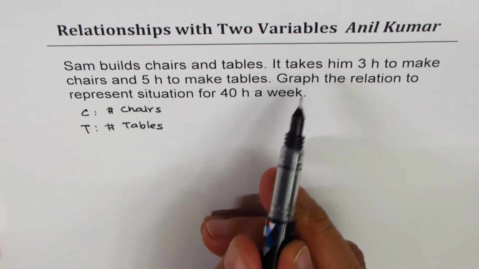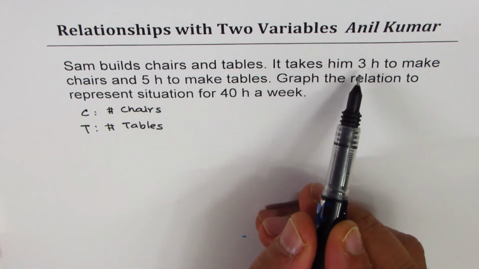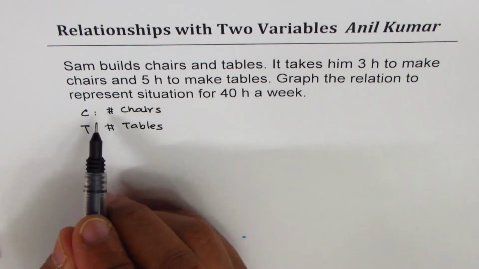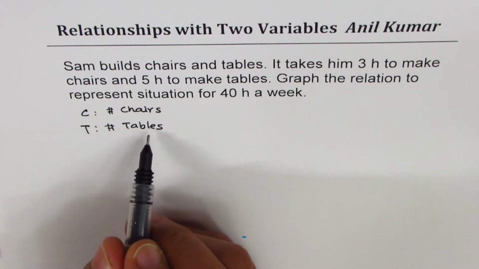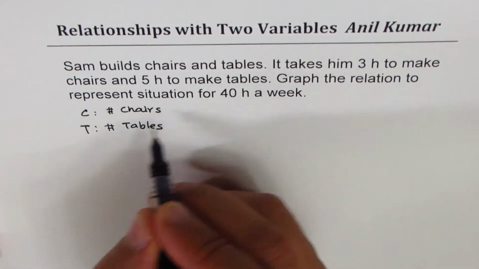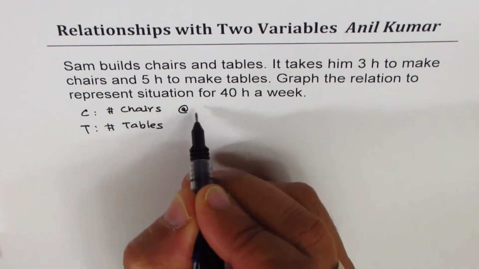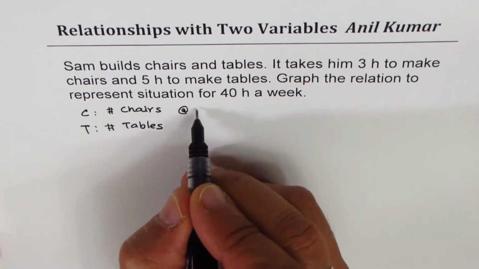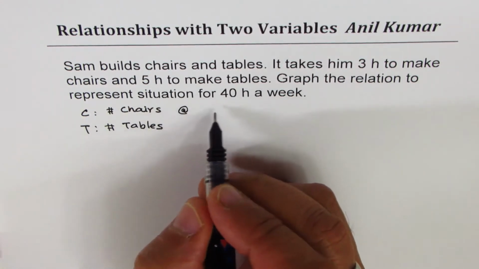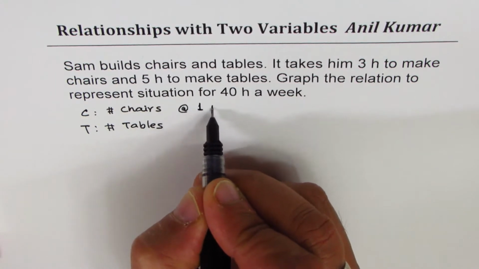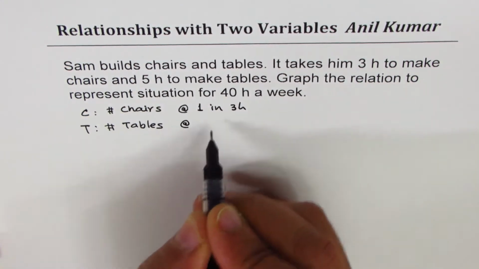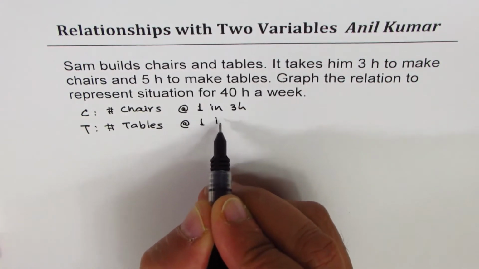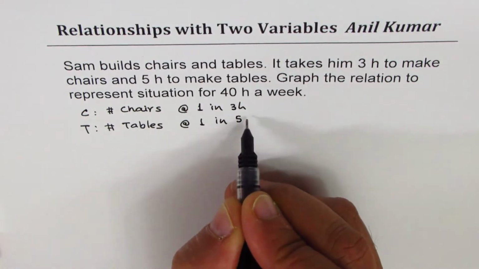What we are given here is that the time taken for a chair is 3 hours. So for each chair, time taken is 3 hours, and for each table, it is 5 hours. So chairs are made at the rate of 1 per 3 hours. As far as the tables are concerned, we are given 1 table in 5 hours.